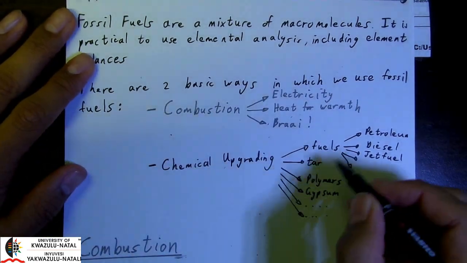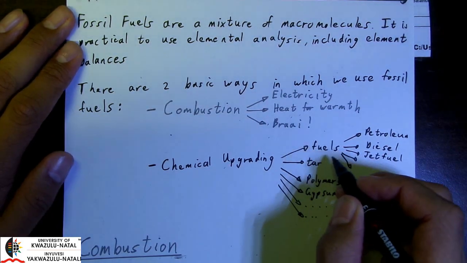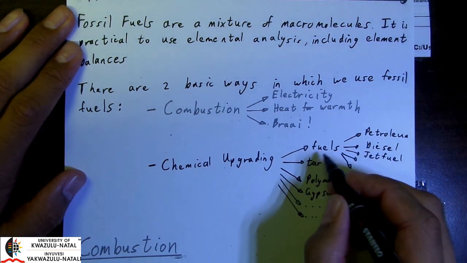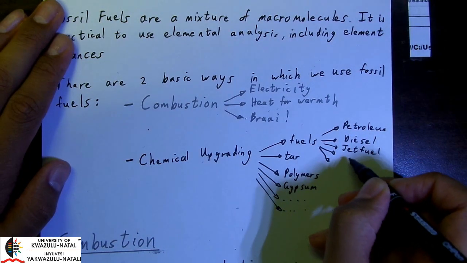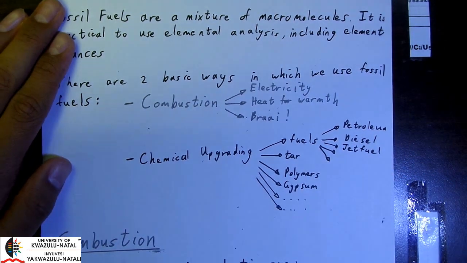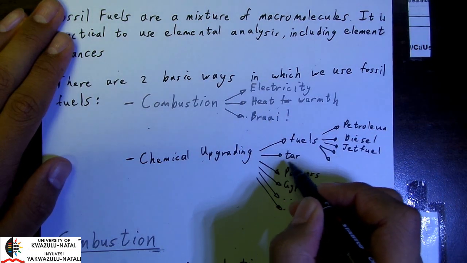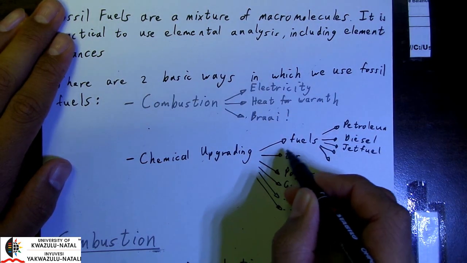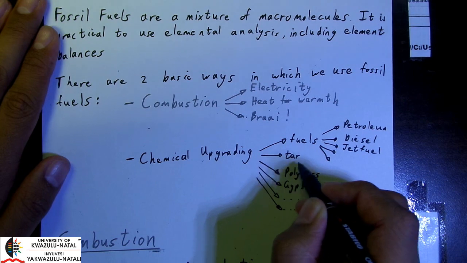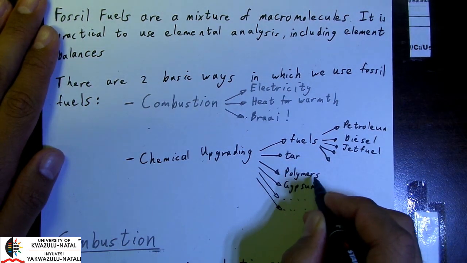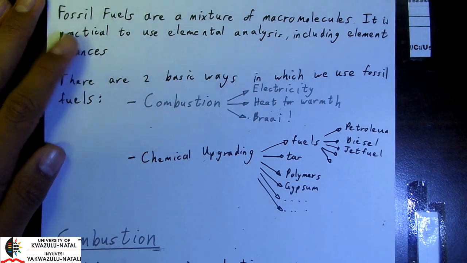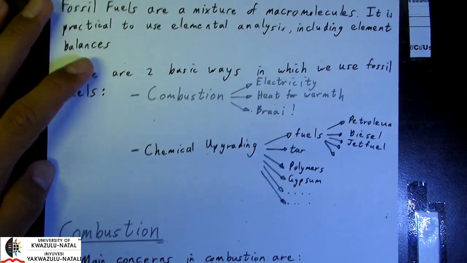This includes the conversion of our fossil fuels into usable fuels such as petroleum, diesel, jet fuel and many others such as paraffin and kerosene. Then there are other hydrocarbons from our oil or coal that can be used to make tar, as well as different polymers and plastics, gypsum and many other compounds.